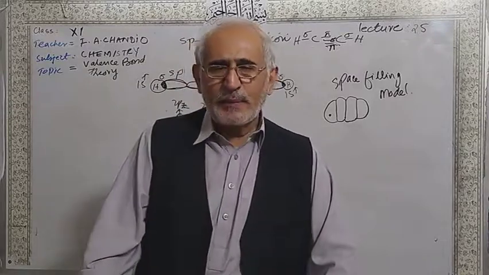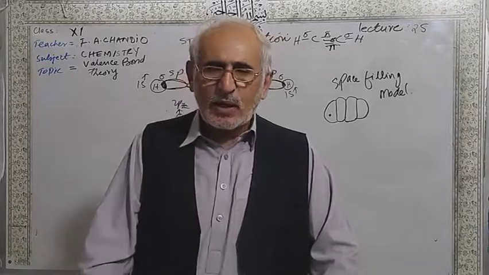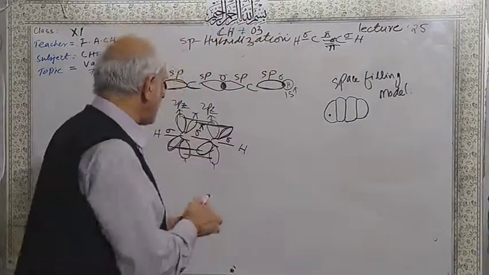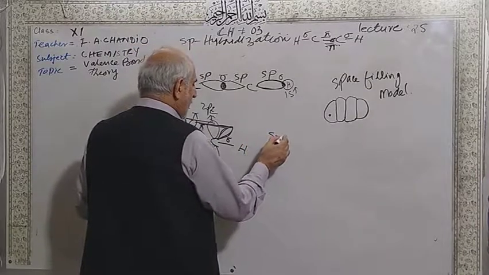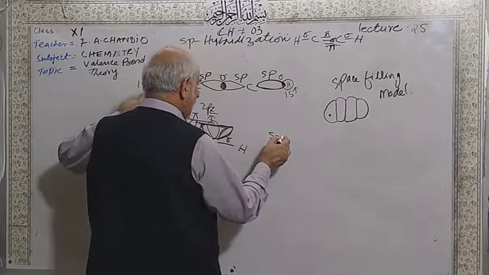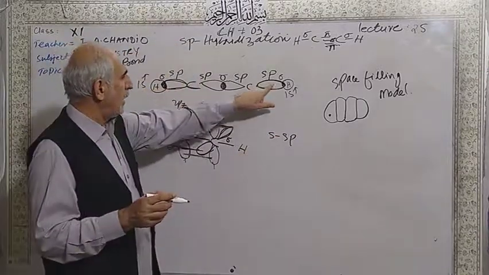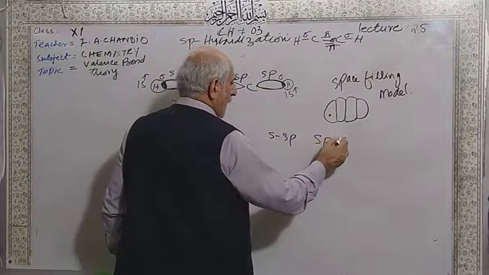Now each carbon atom possesses 2 sp hybridized atomic orbitals, and they are going to overlap. They are responsible for the overlap between S and sp, this is the S and sp, S and sp, and sp and sp.